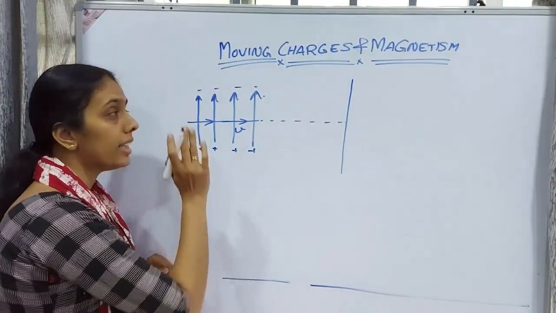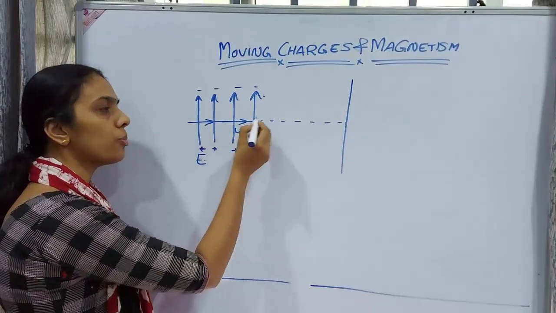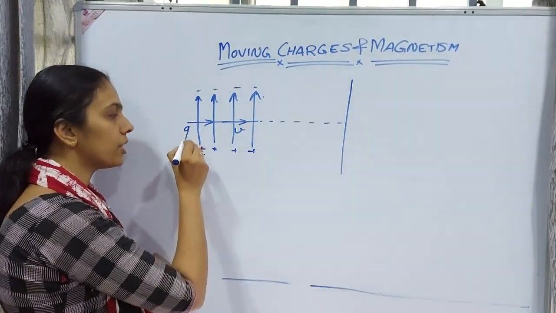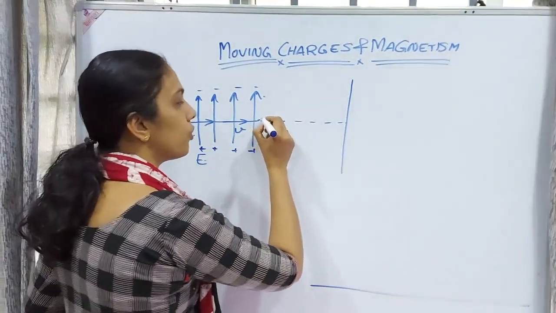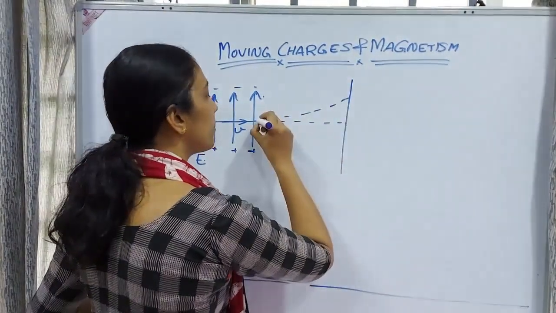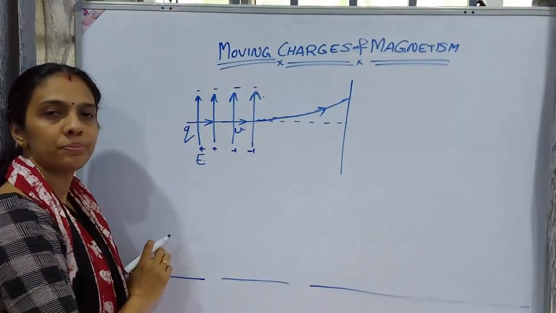But in the presence of an electric field, when the charged particle having charge Q is moving in the electric field, it will follow a parabolic path. This is the actual path of the particle.